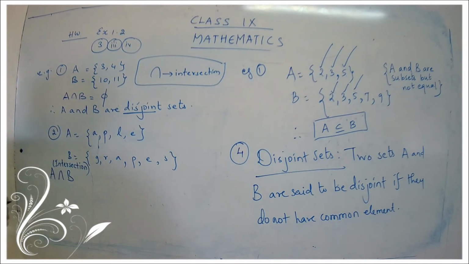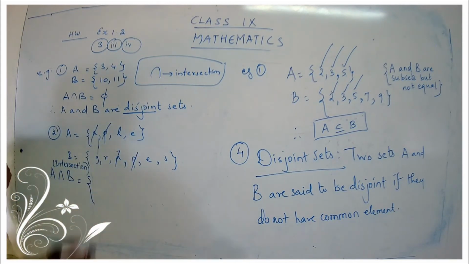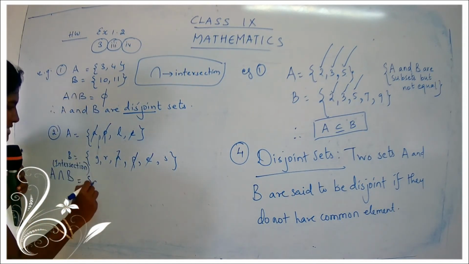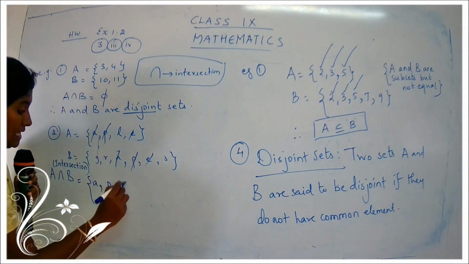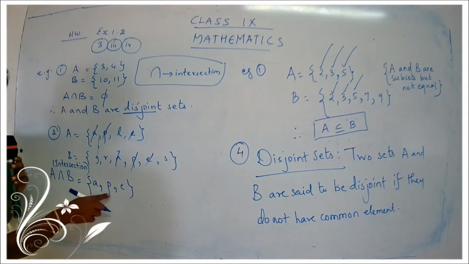What is common between A and B? What is same? A, P, E, yes. Any other thing? Nothing. So write down: A intersection B is A, P, E.